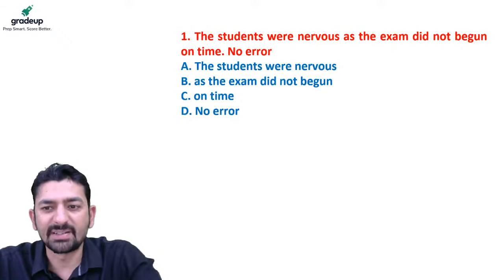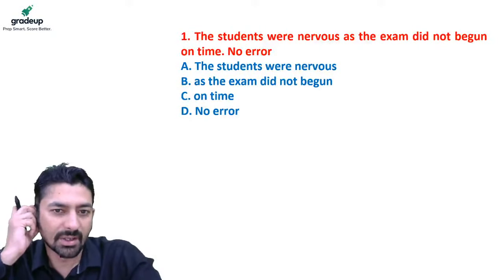Which part of the sentence has an error? Okay, people are saying B.